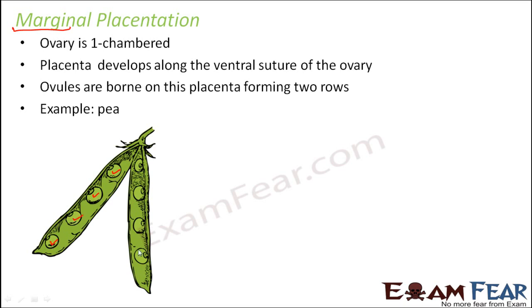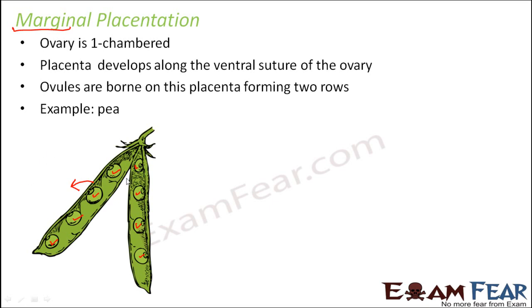These circular structures which are present inside the pea are nothing but the ovules, right? Now if you look at these ovules, how are they connected to the ovary? They are connected along this margin. So can you see a layer of tissue here? So this line which is drawn here is actually representing that layer of tissue. So that is why the ovules are born on the placenta and 2 rows are formed.